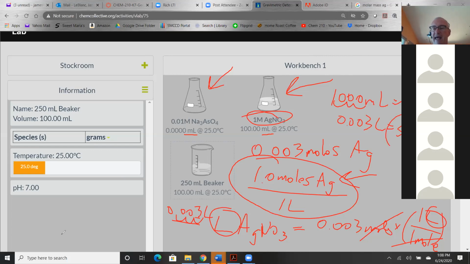So we need to add 3 milliliters of this 1 molar solution of silver in order to precipitate all of the arsenate. Okay, is that clear to everybody how we did that? Because it's a 3-to-1 ratio. We need 3 moles of silver for every 1 mole of arsenate.